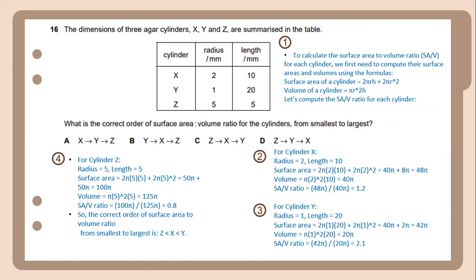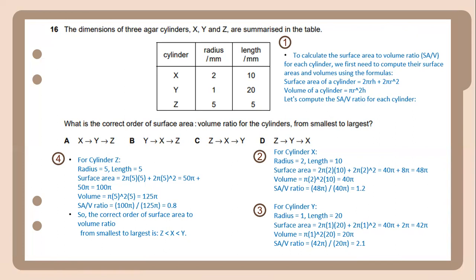For cylinder X, the surface area over volume ratio gives a value of 1.2. For cylinder Y, we get 2.1. And for cylinder Z, we get 0.8.